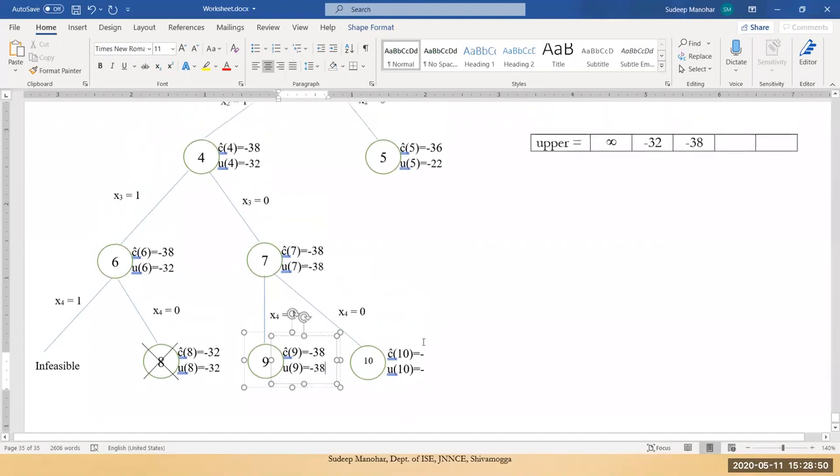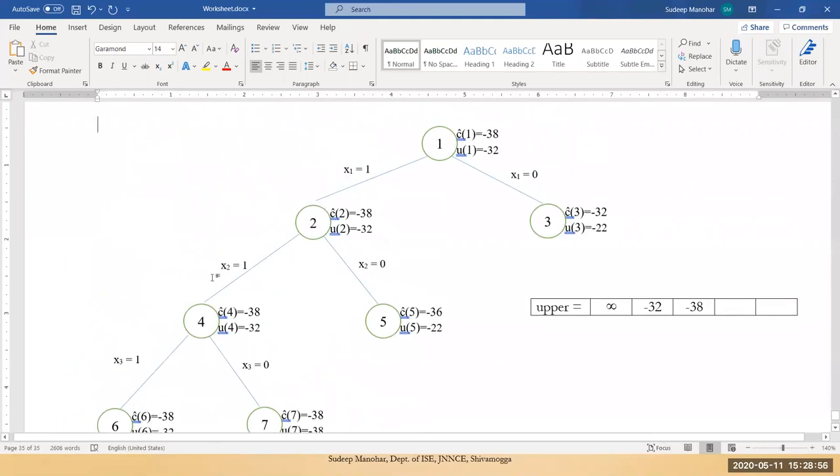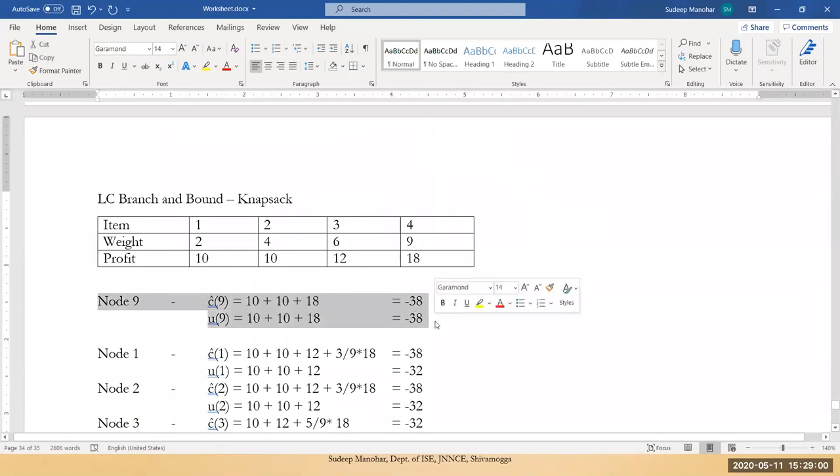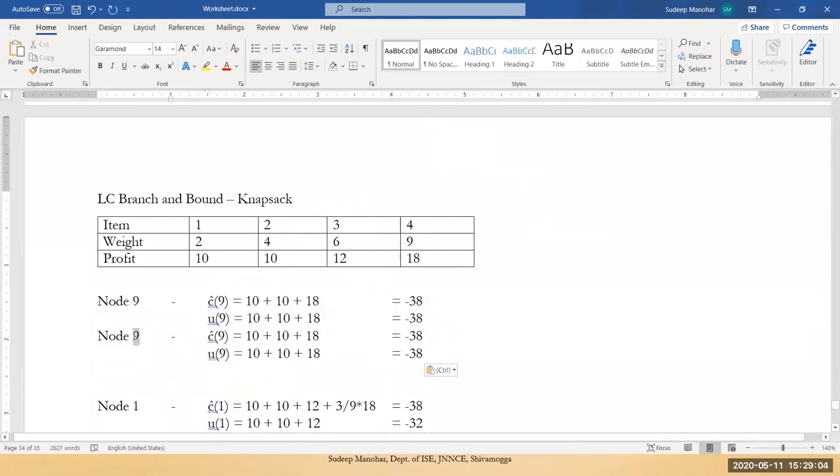Next, node 10. So what does 10 tell? Items 3 and 4 are 0. Items 1 and 2 you should consider. Only items number 1 and 2 are to be considered.